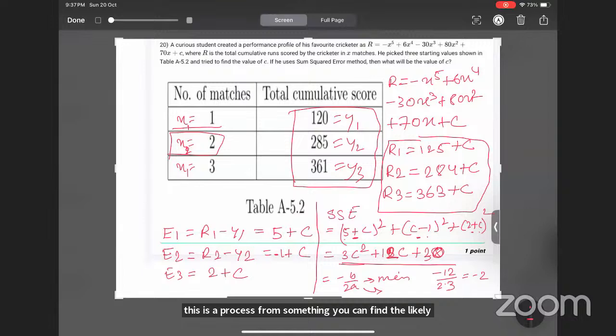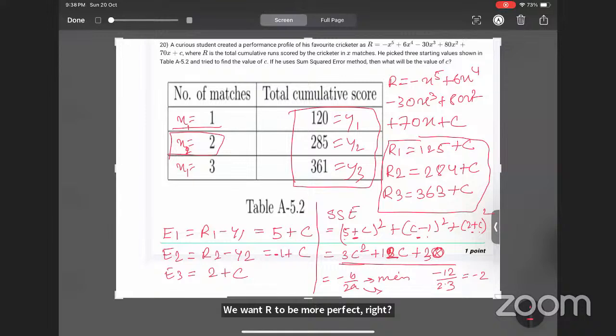But in this question, they are not asking for the least error. They are asking what will be the value of C. Yes, but we want R to be more perfect, right?